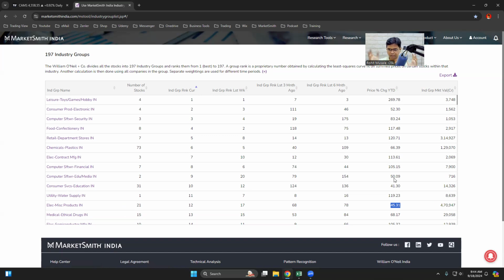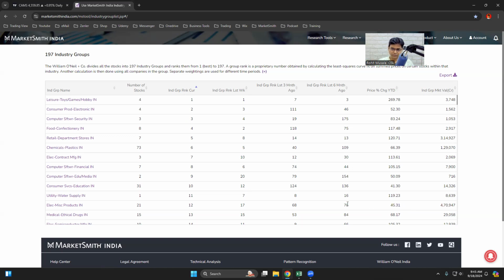I don't know how they are calculating this return. Let's assume from January till today, they have given 45% return. So if you had bought every stock in this particular industry group, what would your performance be? That's called investing in an industry. So the industry has given 45% return, which is a fabulous return.